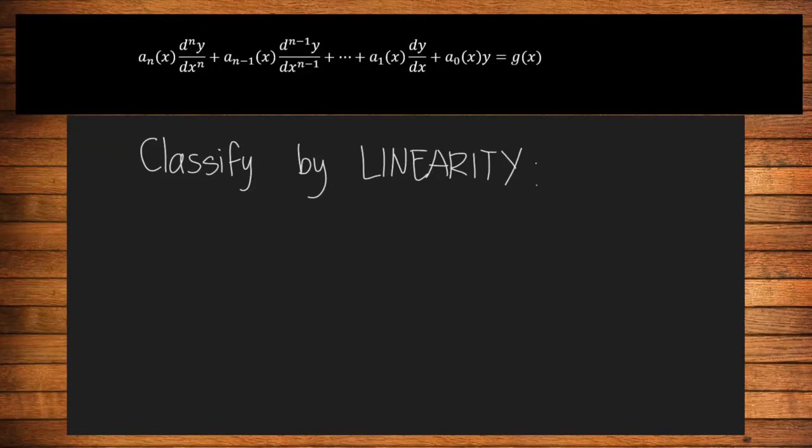So, if we are given a differential equation and then we can rewrite it to a form similar to this one, then that differential equation is a linear differential equation.